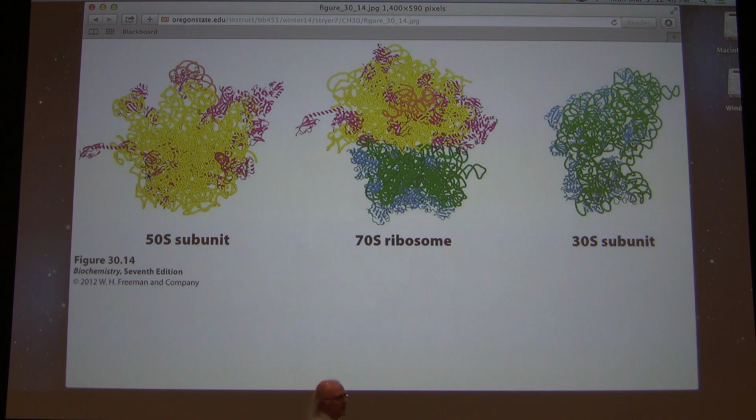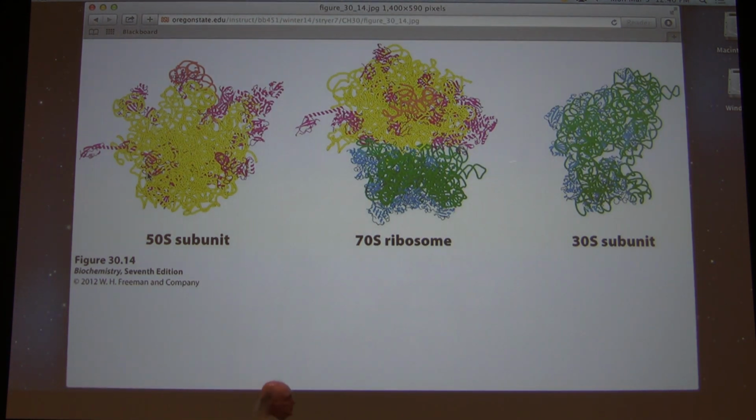One of the functions that one of the ribosomal RNAs plays is that it actually catalyzes the formation of peptide bonds. That means it's a ribozyme. It's not an enzyme, it's a ribozyme. We talk about the early Earth, where we think that the earliest genetic information was RNA. We also think that the earliest catalysts were RNA.